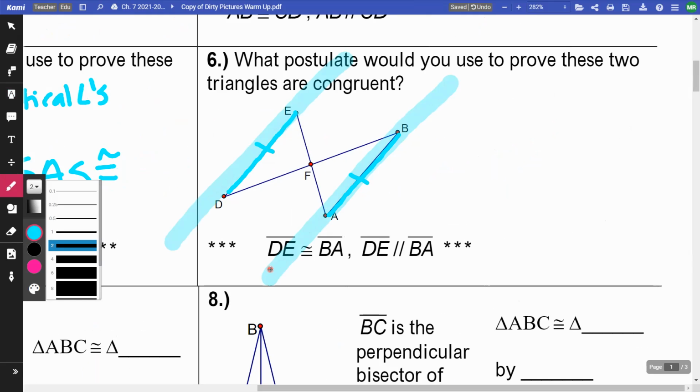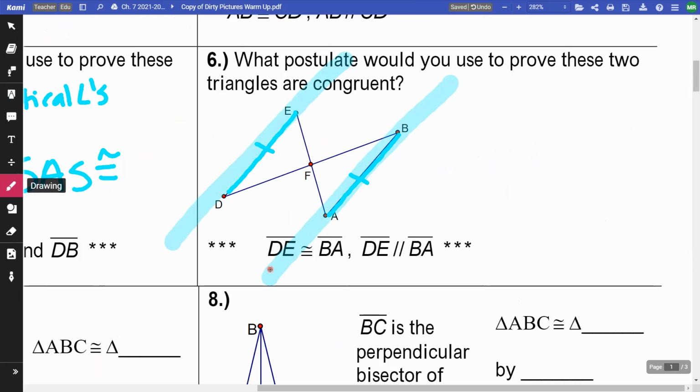So I can really go about doing this 2 different ways. I can think about this line here, which is not shared between the 2 triangles. Part of it's in one, part of it's in the other, but it forms a transversal. And on that transversal, I have this angle here and this angle here, which are going to be the same.